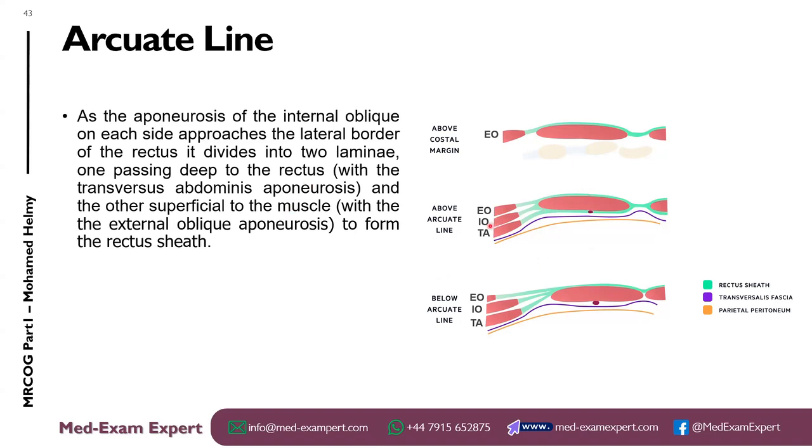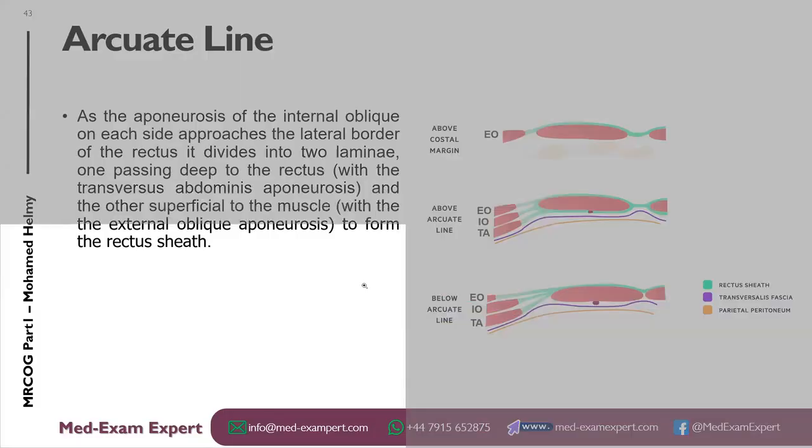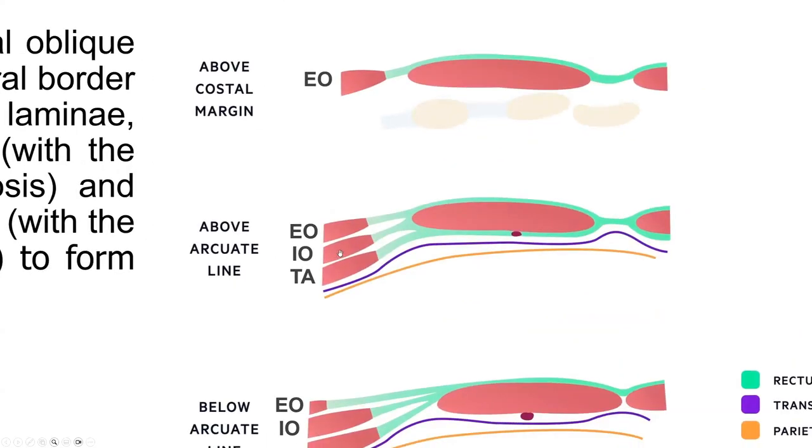This is the rectus muscle, okay, in the midline, and laterally we have three muscles: the external oblique muscle, internal oblique muscle, and transversus abdominis muscle. Here, okay? So this is the rectus muscle, which is in red color here. We have the external oblique, internal oblique, and transversus abdominis muscles.